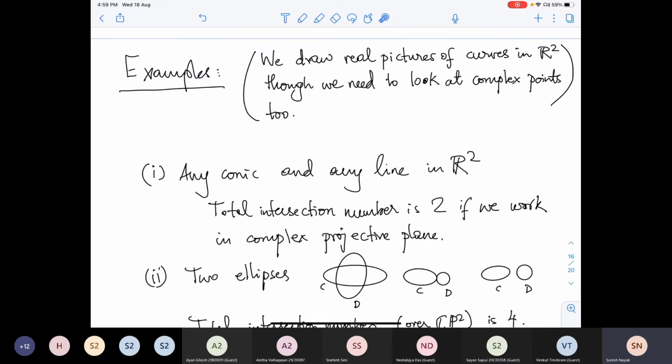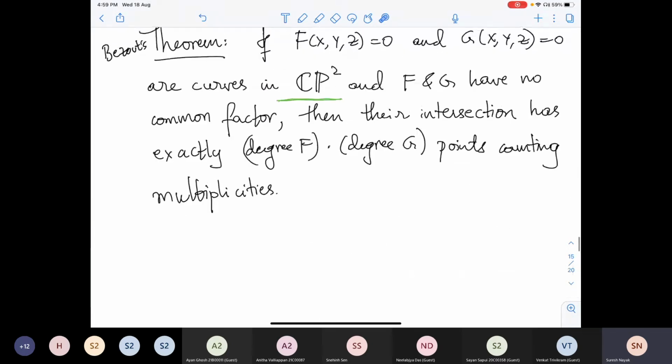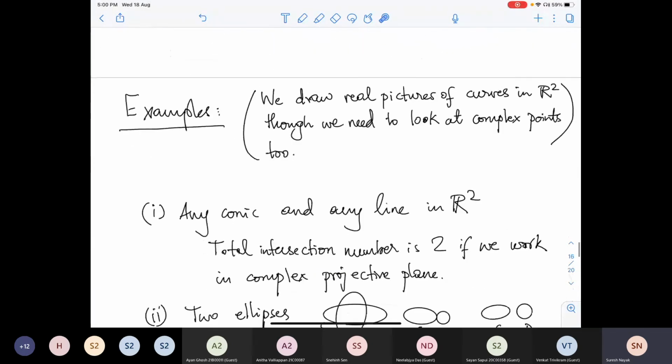At best we can say that after some continuous transformations, it looks like so and so. But that's a more complicated situation, we'll not get into that. Having said that, however, this theorem requires you to work in CP2. So we will draw real pictures, but we need to algebraically look at the underlying complex points, and we will mention them also.